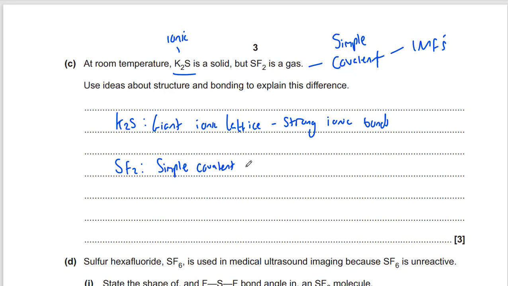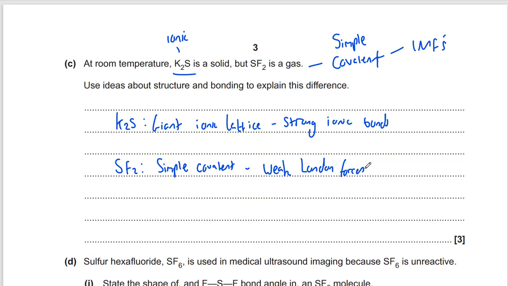You can't just say simple covalent, you need to say what forces they are. So, you need to say specifically that they have weak London forces, or you've got a permanent dipole. They'll accept either. So weak London forces.